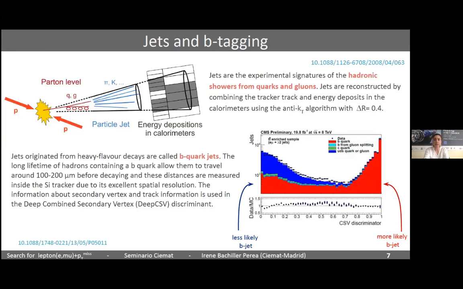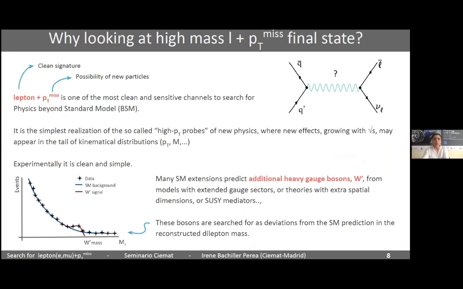The discriminator distinguishes between particles less likely to be B jets on the left in blue, closer to 0, and the discriminator is 1 for the most likely B jet. So that was for the reconstruction of the particles.